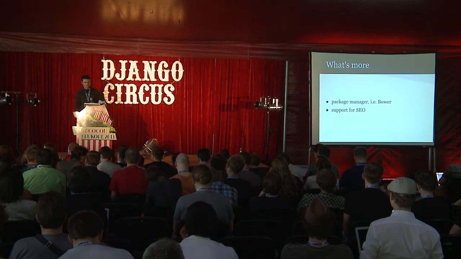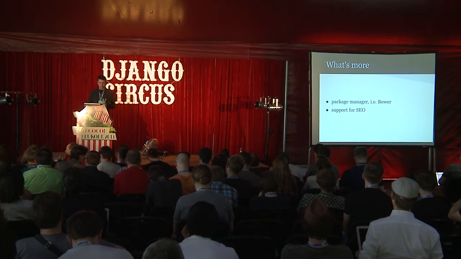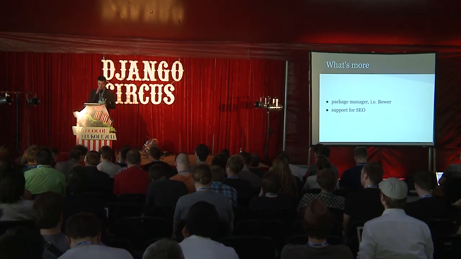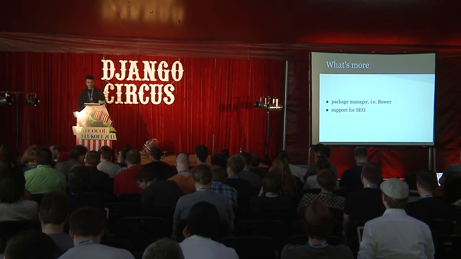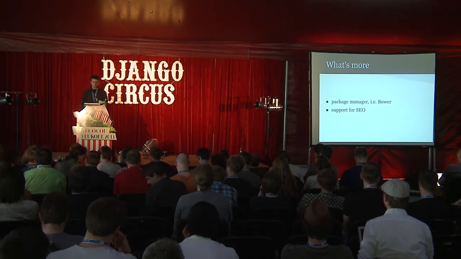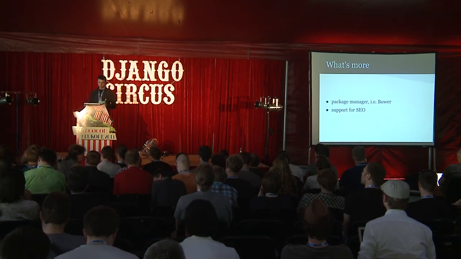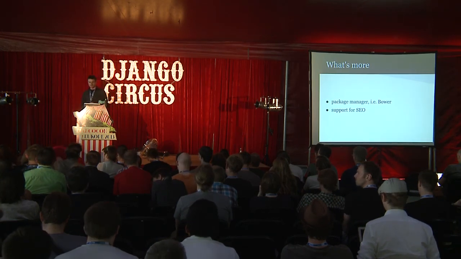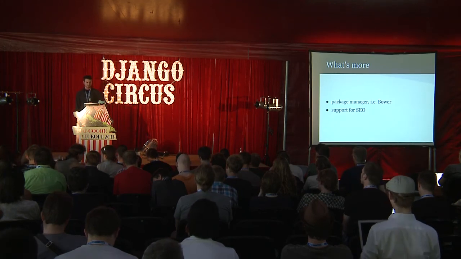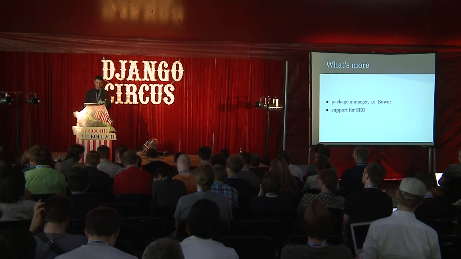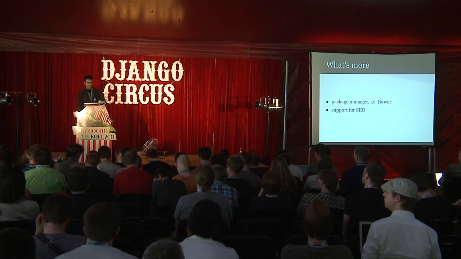There is something like that in Node.js, but in the front-end development process, it's a bit harder to do. There is a library from Twitter called Bower, but I haven't found a way yet to integrate it into our environment.